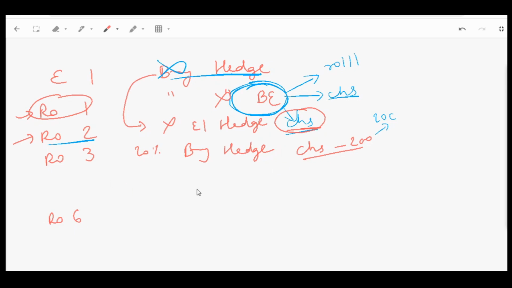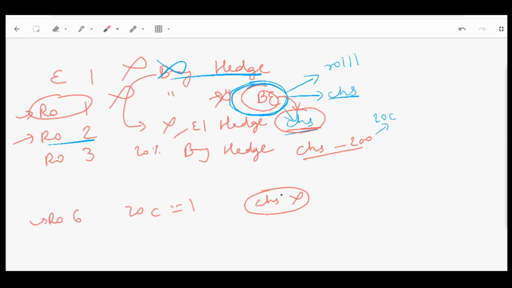So in RO3 we will check whether the 20C is equal to 1 or not. If that is 1, we will exit call hedge strike, which is currently, until RO3, our break even, because as soon as our RO2 has happened, we have assigned this break even a call hedge strike value. So we exited the RO1 hedge here at RO6, right?